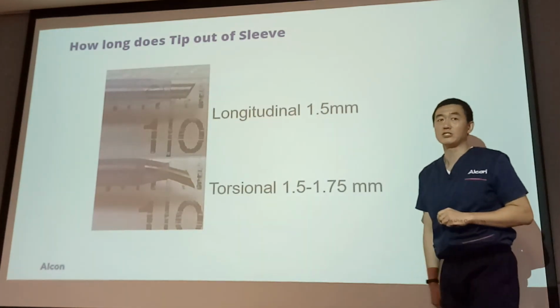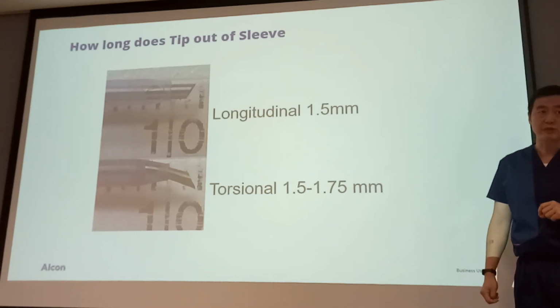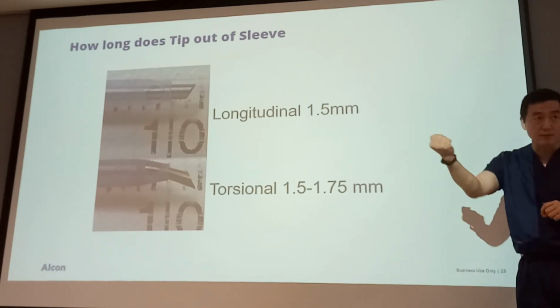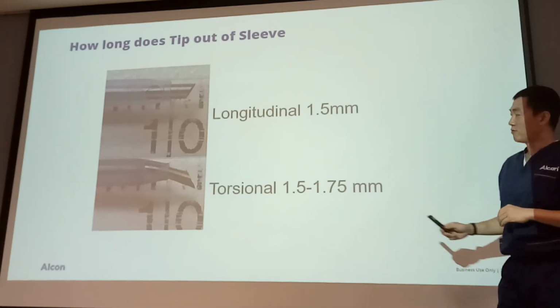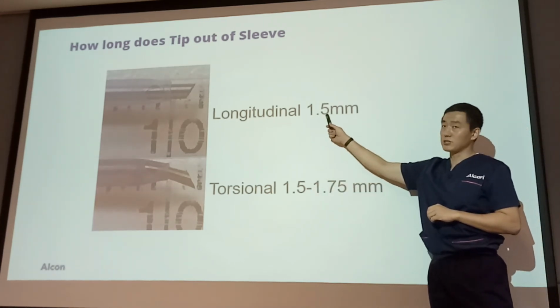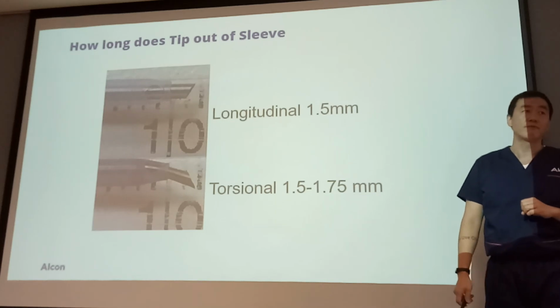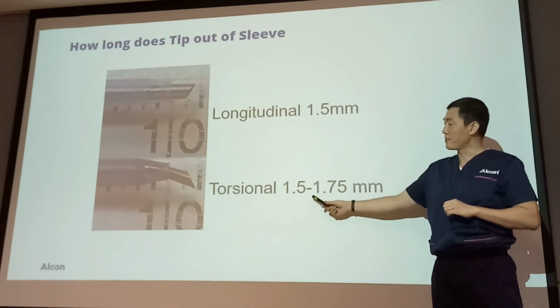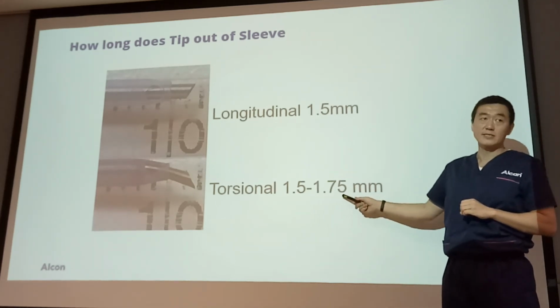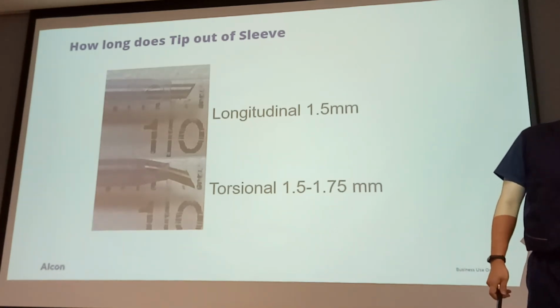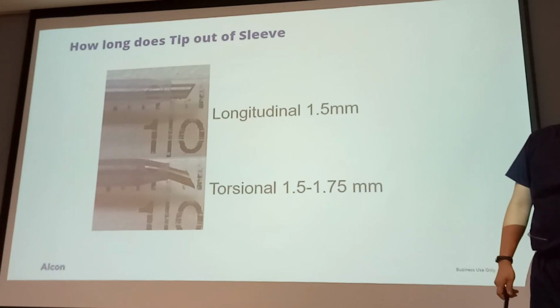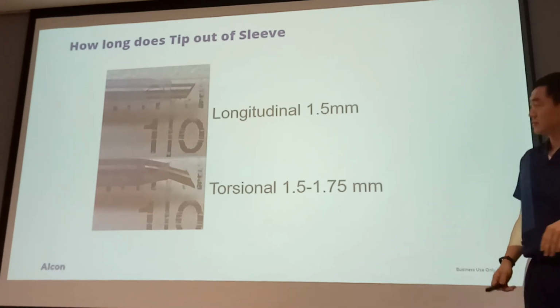So this is the suggestion from the Alcon phaco machine, based on the stroke length and the torsional design. For traditional ultrasound, longitudinal, we make it 1.5. And for torsional, we make it 1.5 to 1.75, a little bit longer, because the tip is not going out anymore. We're just moving like this.